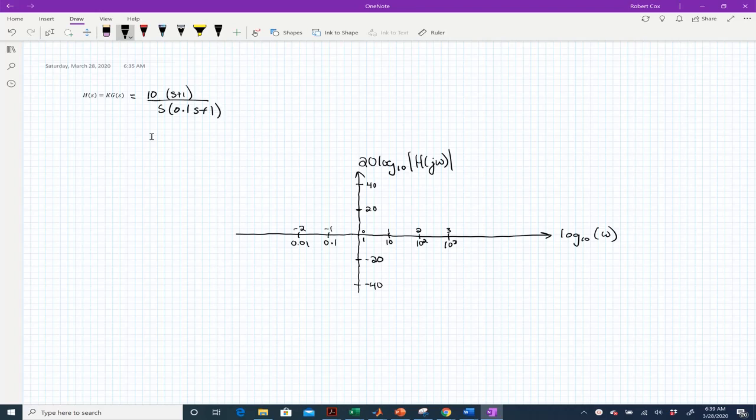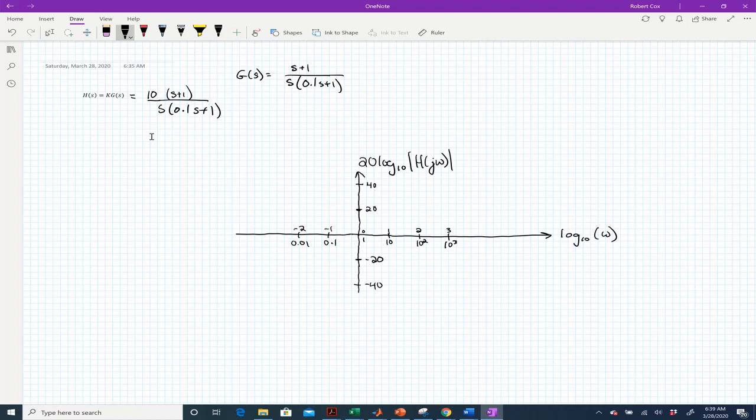In this case, my G(s) is (s plus 1) over s times (0.1 s plus 1). In other words, my G(s) is the part that has the poles and zeros.